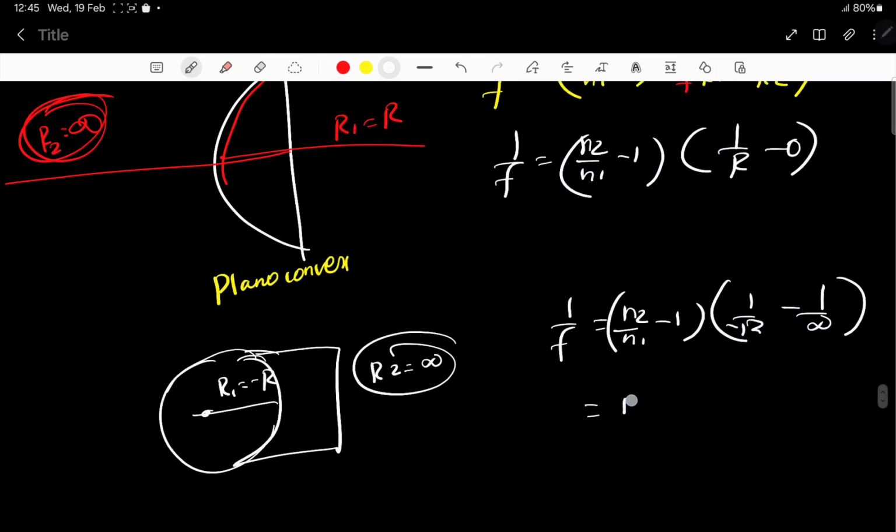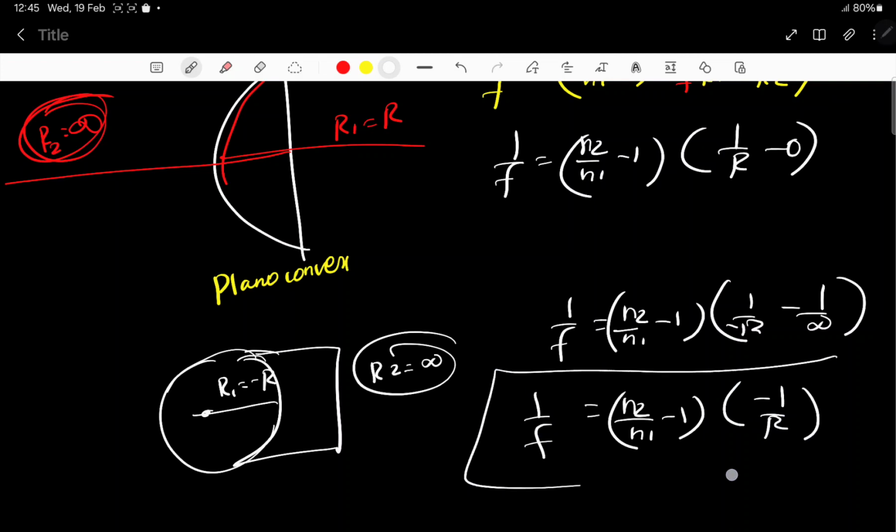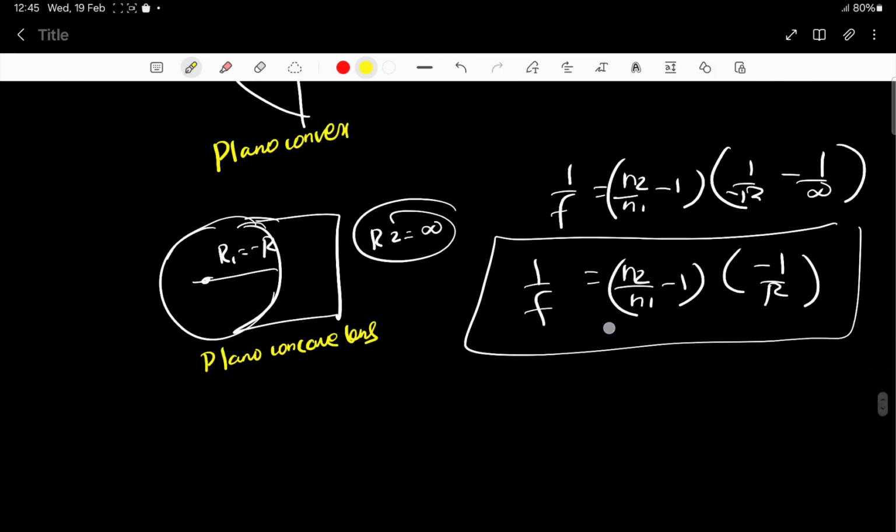So I get (N2 by N1 minus 1) times minus 1 by R, which is equal to 1 by F. This is the formula we have for the plano-concave lens. Apart from that, we may have concavo-convex and convexo-concave lenses. Whatever the shape of the lens, you have to use the proper sign conventions to get the focal length.